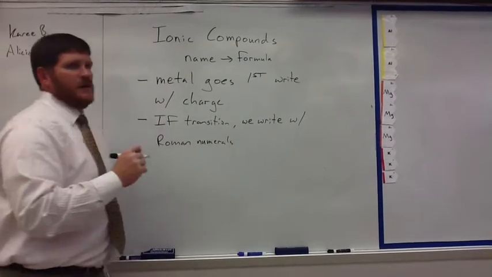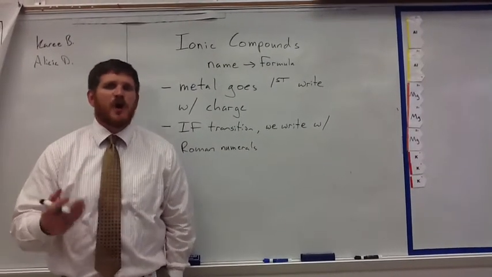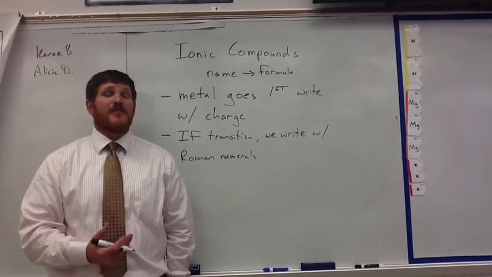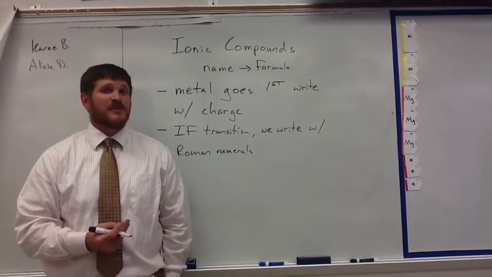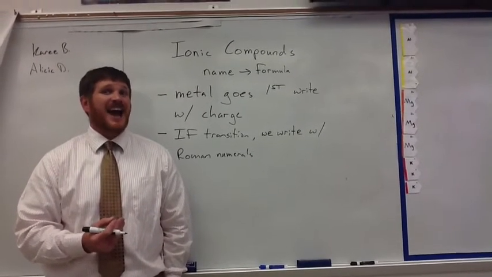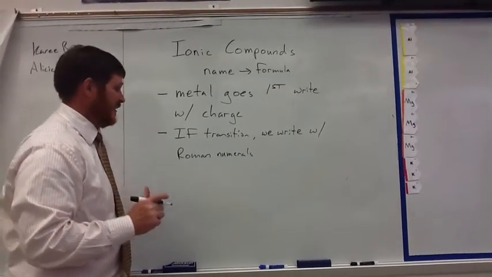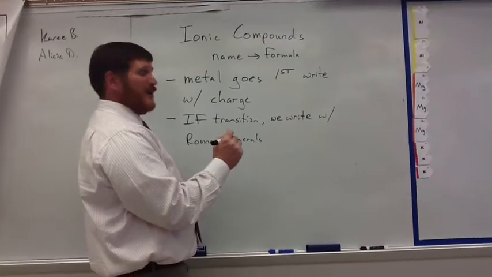I had students who always come up to me and say, Mr. Brewer, I don't know my Roman numerals. We need to know our Roman numerals at least up to the number 7, or VII. If you know that, you understand it.